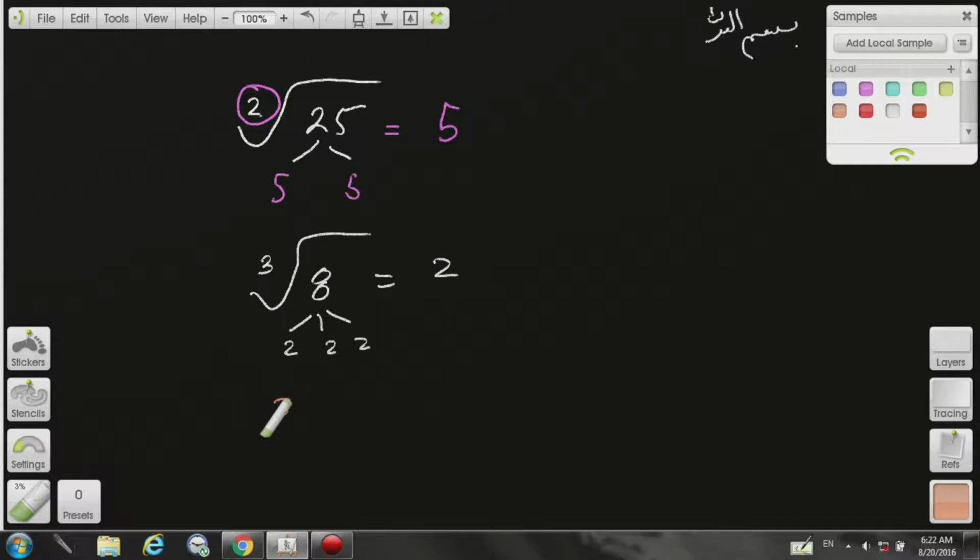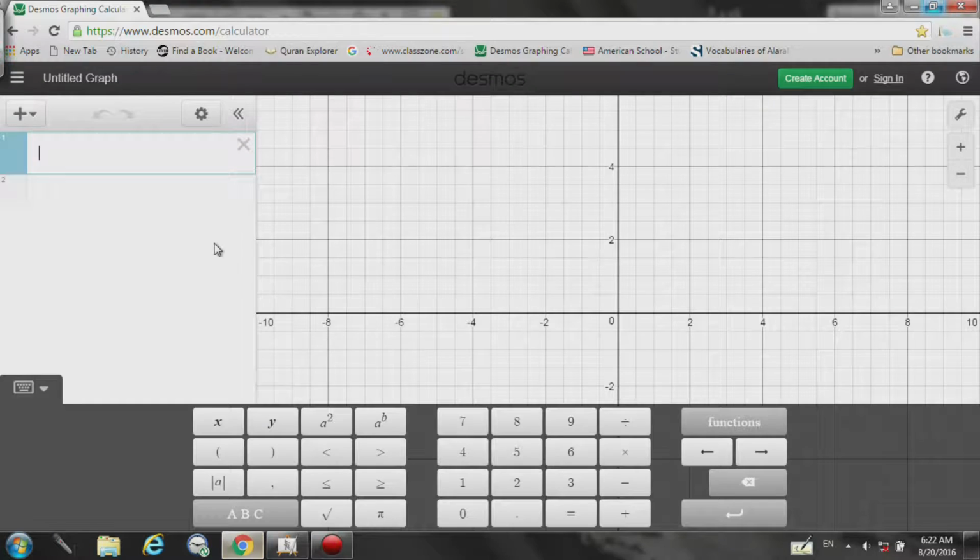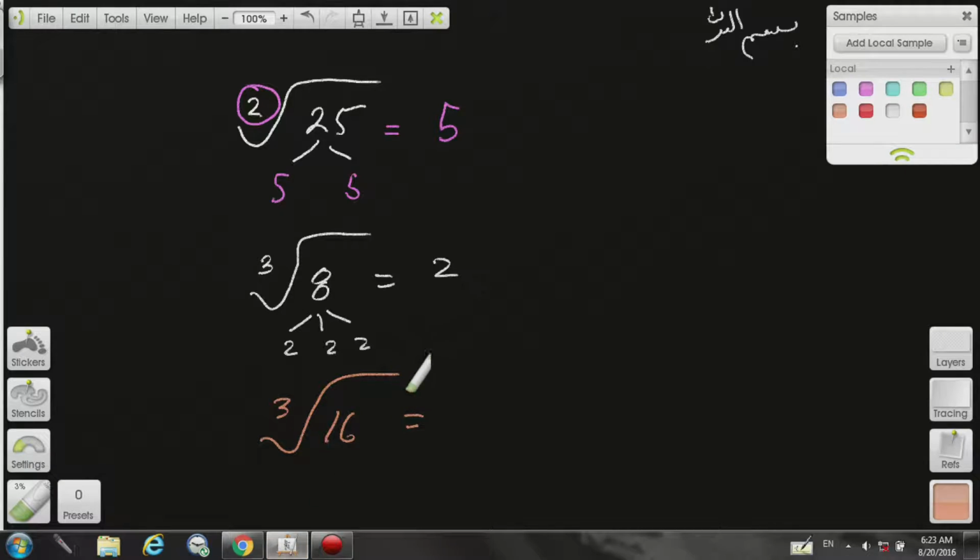Now, the third root of 16 is, okay, what is that? So what number multiplied by itself 3 times gives you 16? The answer is 2.51, it's an irrational number, approximately 2.52.